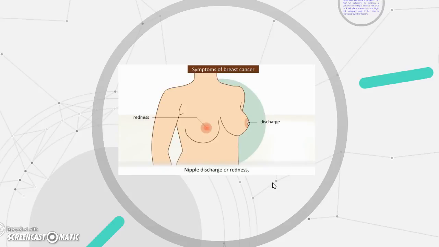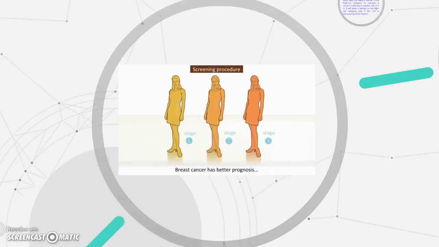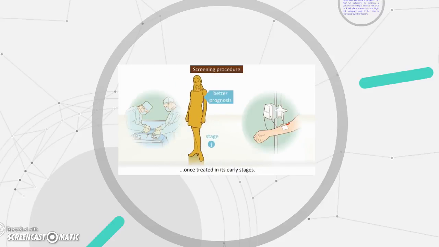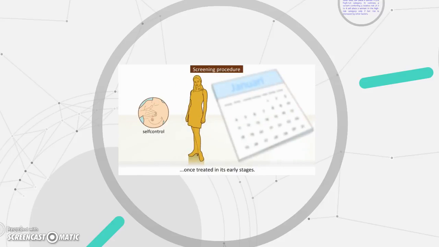Nipple discharge or redness, breast or nipple pain, dimpling, or swelling of the breast can also be signs of breast cancer. Breast cancer has better prognosis once treated in its early stages. Thus, women are advised to undergo routine screening procedures to detect breast cancer earlier.